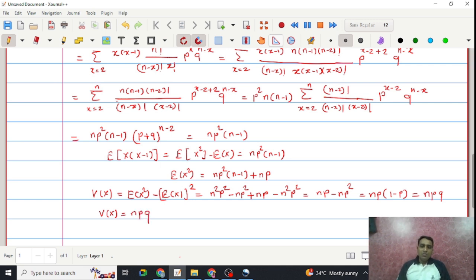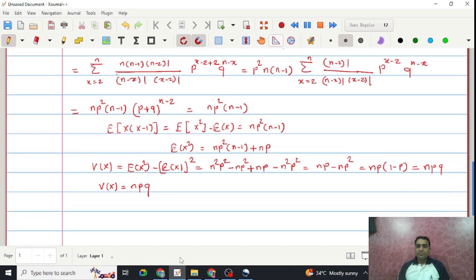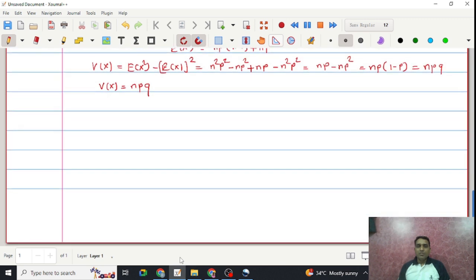Then we calculate the moment generating function, that is Mx(t) of this distribution, the moment generating function of the binomial distribution. Mx(t) has the formula expectation of e raised to tx.